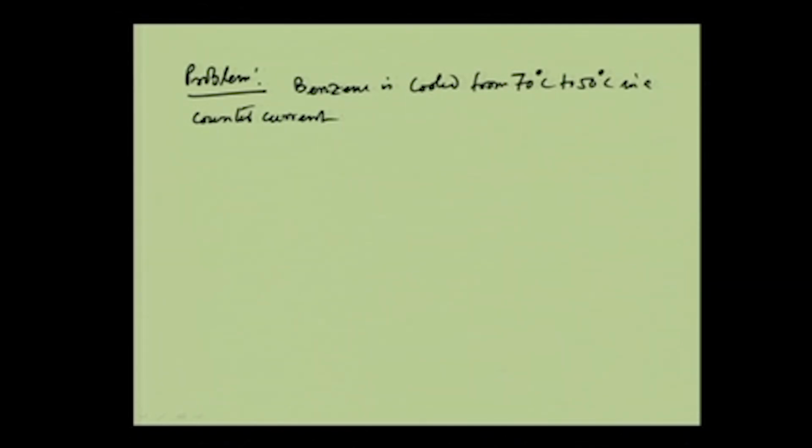The problem statement is like this: benzene is cooled from 70 degree centigrade to 50 degree centigrade in a counter current double pipe heat exchanger.